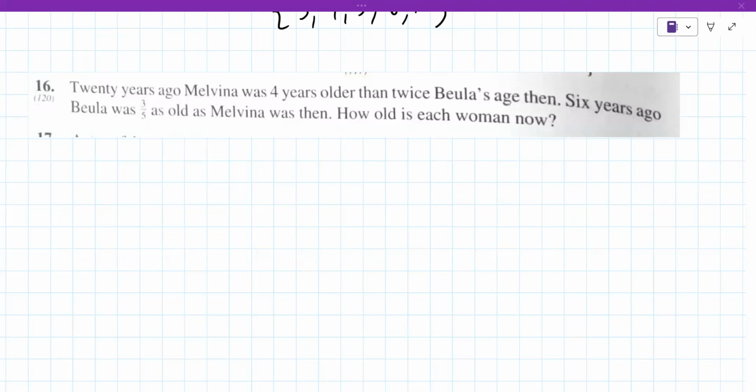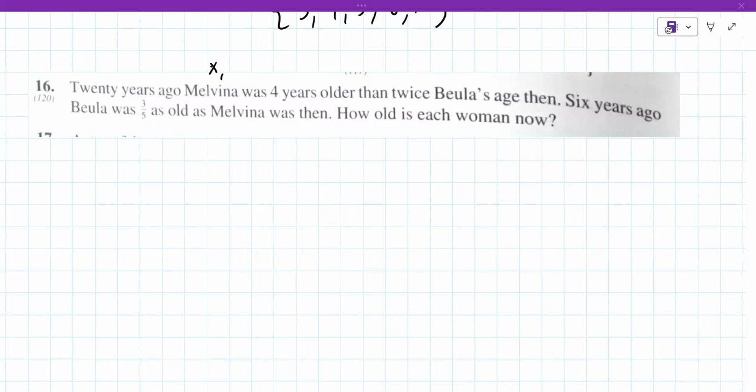Okay, so in our book, we use subscripts. I know you don't like them. I don't really like them either. You could use X1 for Melvina, or Beulah. I just used these subscripts to indicate their age at the time because that's how they do it in our book, which is frankly rather confusing.